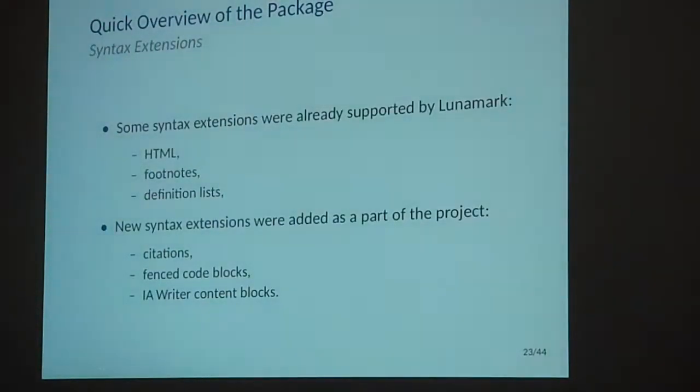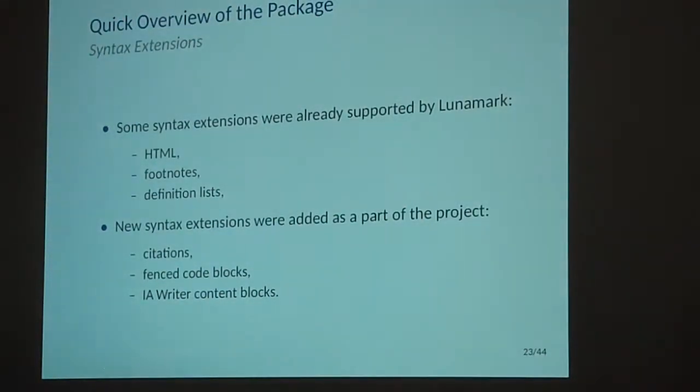Yeah. So there are some syntax extensions. Some of them were already supported by LunaMark. So you can write not only plain text and Markdown, but you can also mix in HTML if you want, or you can have footnotes directly in Markdown and definition list. This is what was already supported by Markdown.